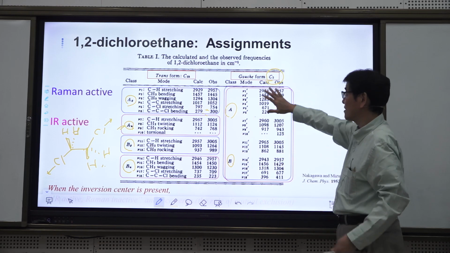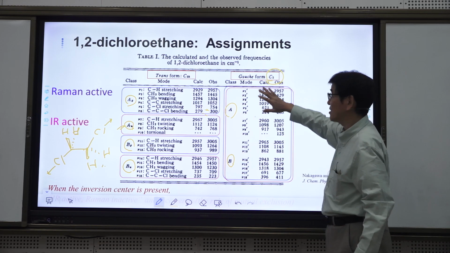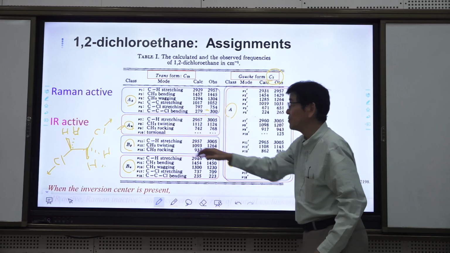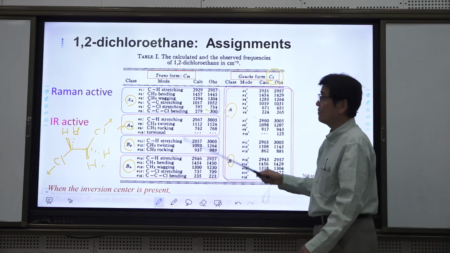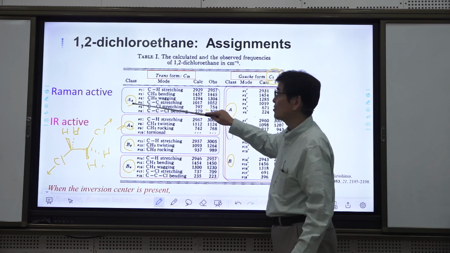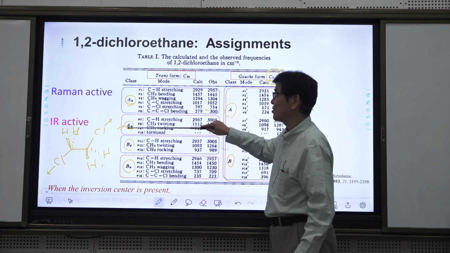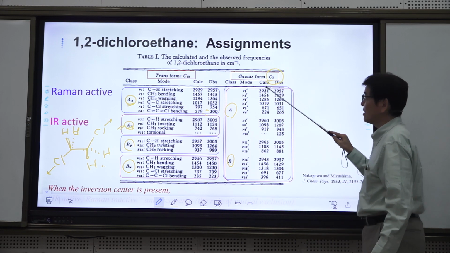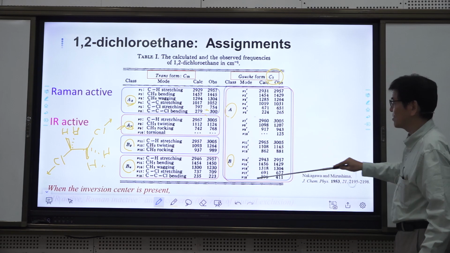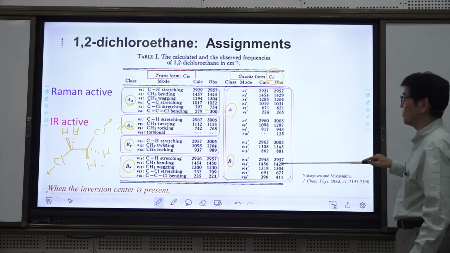Anyway, we can classify the molecular vibration into some symmetry groups, and it is known some groups are Raman active, some groups are IR active. In this case, all the vibrations are Raman and IR active.